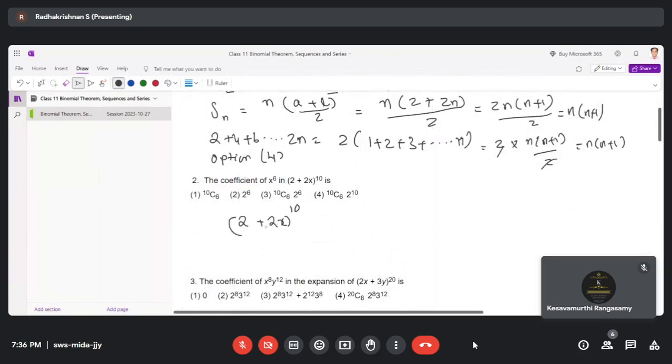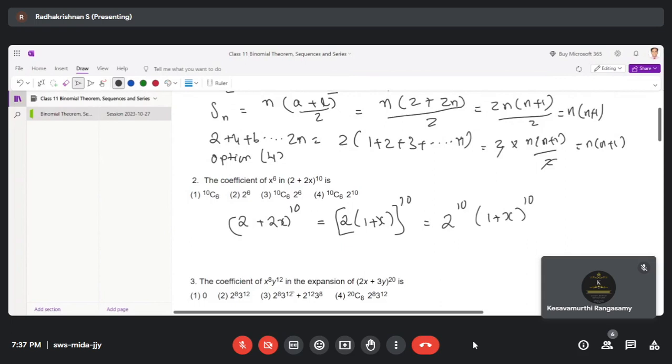You can factor it out, and that will make it easy. The other way is also easy in that case, but in this case, if you factor it out, it will be very easy. Because 2 into (1 plus x) whole to the power of 10, so 2 to the power of 10 into (1 plus x) whole to the power of 10.